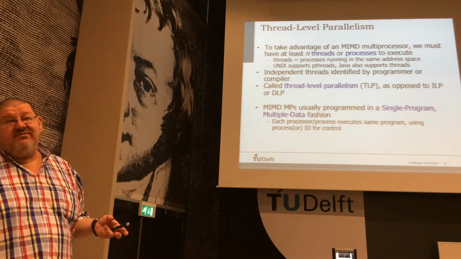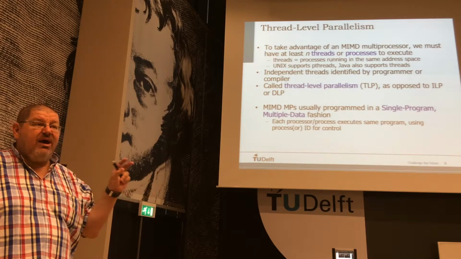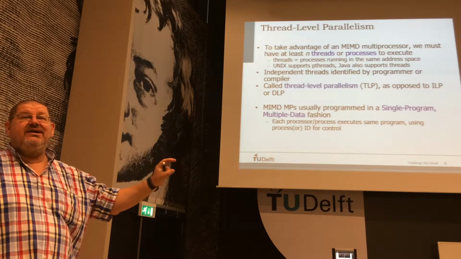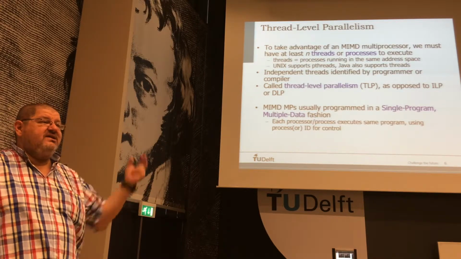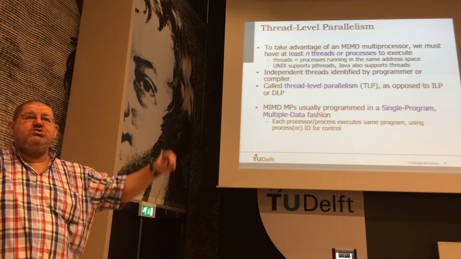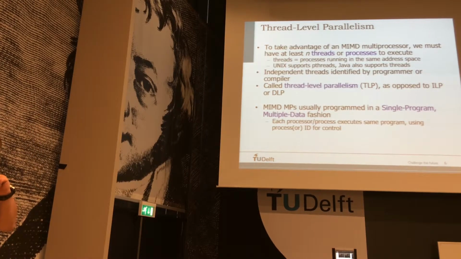Or you should have a smart compiler which should be able to understand the amount of processors which are available and to compile and link the application in such a way that enough threads are issued to the machine. Now, this may result in an under-optimal utilization of the machine.